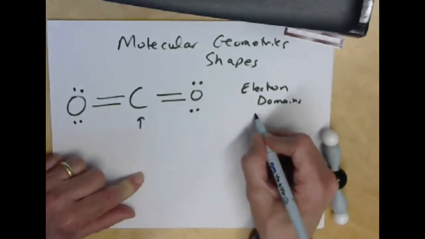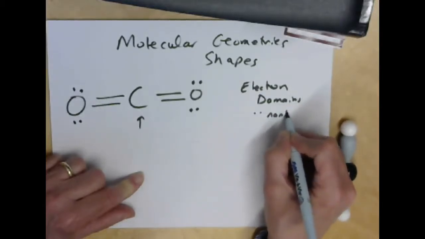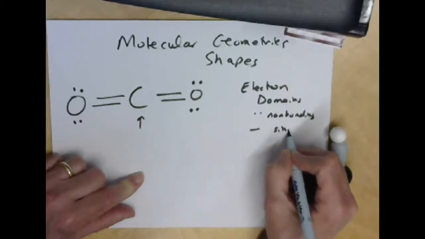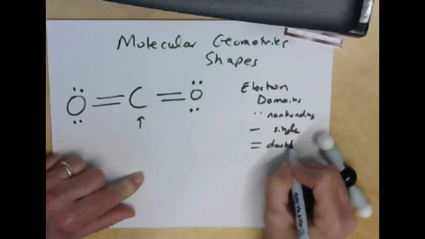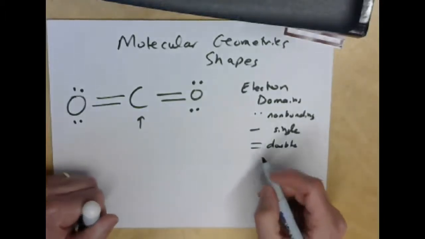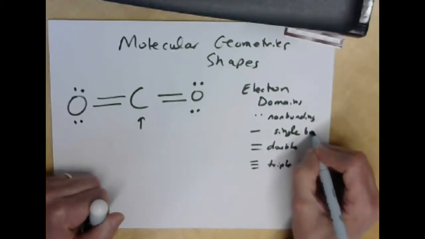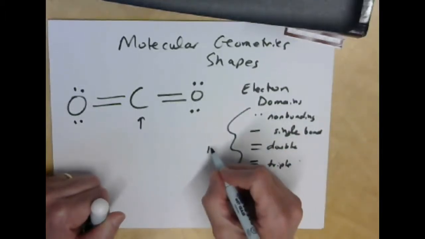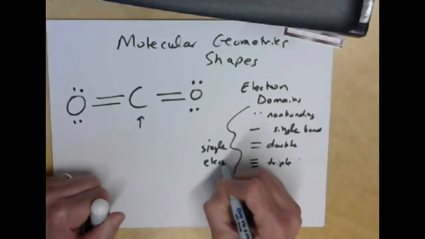An electron domain could just be a non-bonding pair. It could be a single bond. It could be a double bond. Or it could be a triple bond. All those just count. They're just a single electron domain.